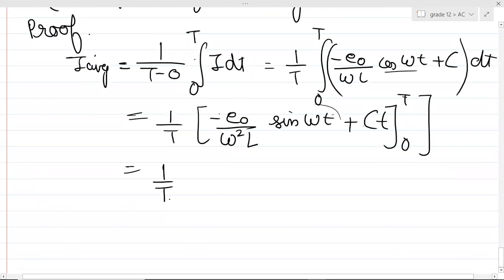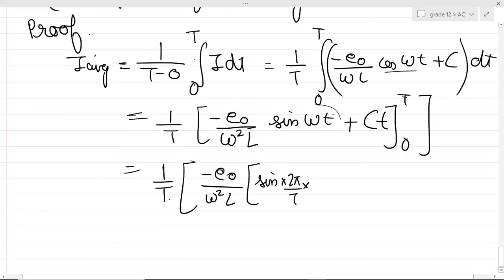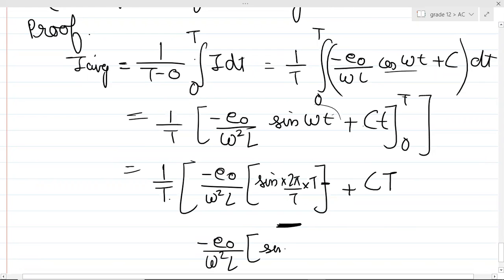And can you see over here, when you integrate it, this will be minus of E naught omega square L sine of omega t plus C into t, minus of E naught omega square L sine of 2 pi by t into 0 plus Ct plus C into 0, right?